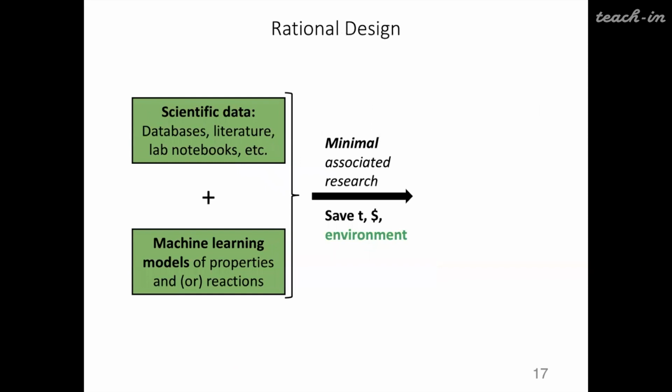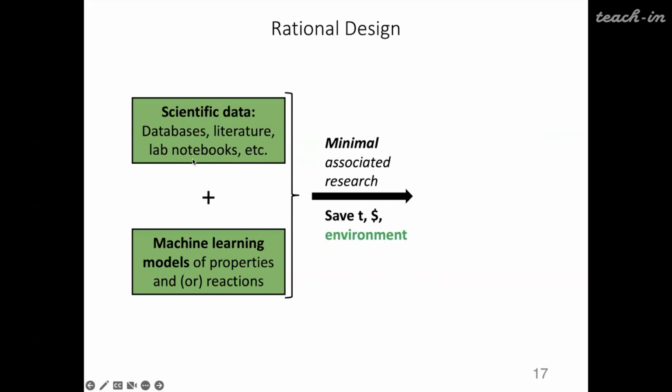And in the theoretical framework of the rational design based on machine learning, we have the following schema. So we try to combine scientific data, data from databases, literature, and lab notebooks.